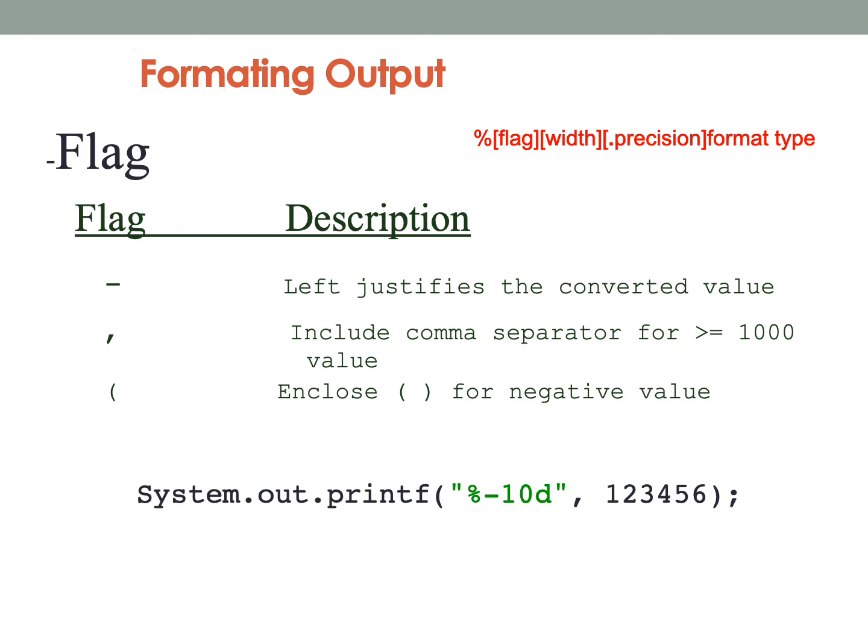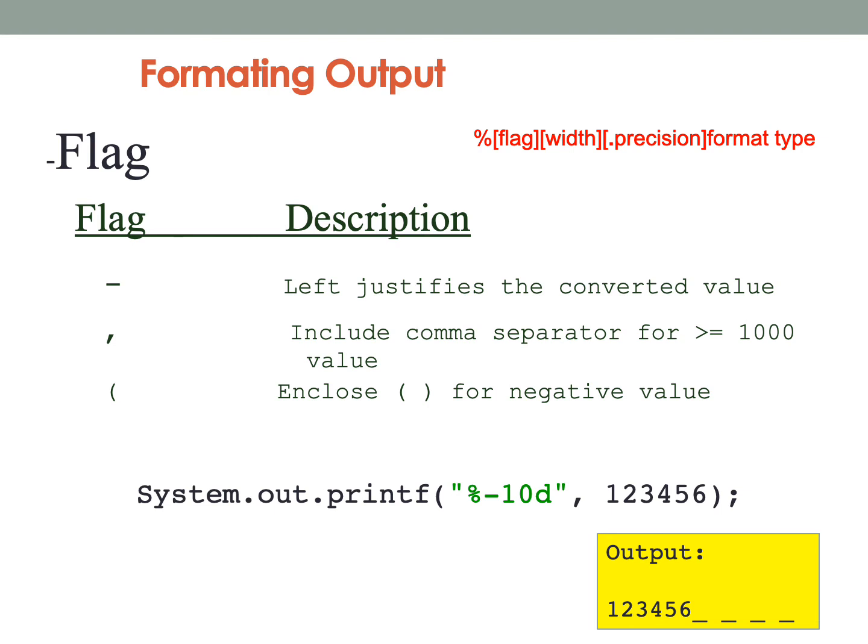If we refer back to the syntax, in printf we would have percentage, flag, and then width, dot, precision, and then the format type. What we have seen so far does not use the flag. To justify the value to the left, you can use the minus sign. For example, if we have System.out.printf, bracket, percentage minus 10d, 123456, it will align it to the left side instead of what we have seen before, the right side.